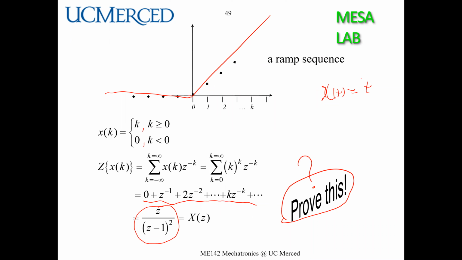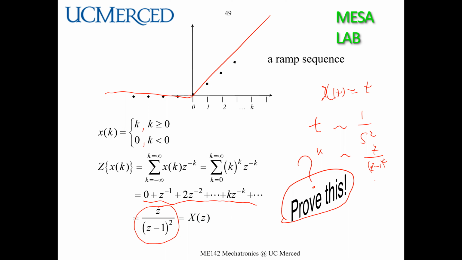Remember this one is t. Now we're saying that the k sequence will be proportional to z over, oh sorry, wait a minute, z minus 1 squared.